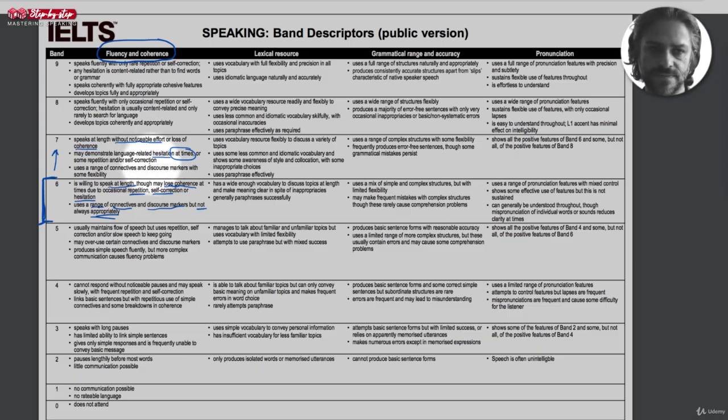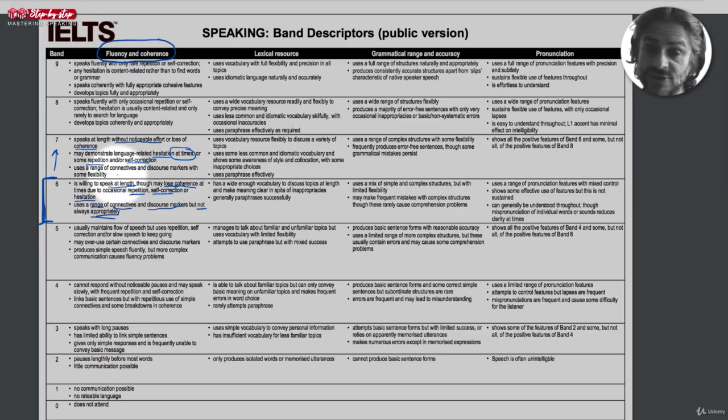There may be some repetition at times, and there may be some self-correction at times. So you're making a few mistakes, but you're self-correcting, and that shows that you are aware that you're making mistakes in the first place, and that it's important to correct them to make it clear for the listener. So that's giving you a 7.